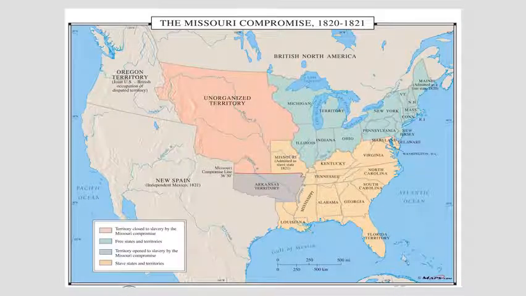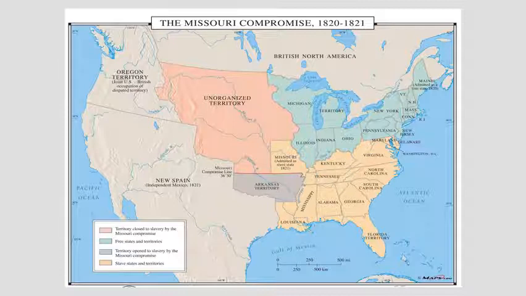So I want to start us off by looking at a map of the Missouri Compromise, which happens in 1820. At this point in American history, there are free states and territories and slave states and territories. The free states and territories include Michigan, Illinois, Indiana, Ohio, Pennsylvania, New Jersey, New York, Connecticut, Rhode Island, Massachusetts, Vermont, and New Hampshire.